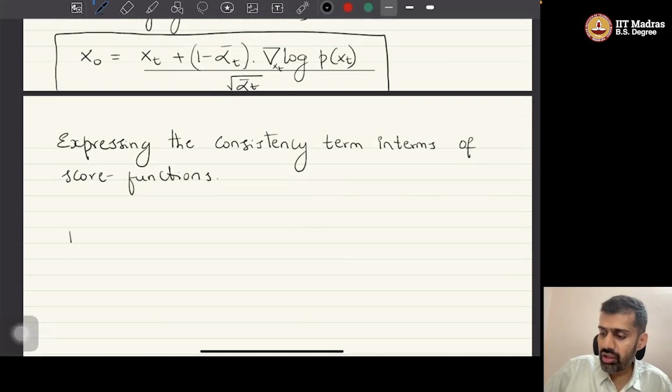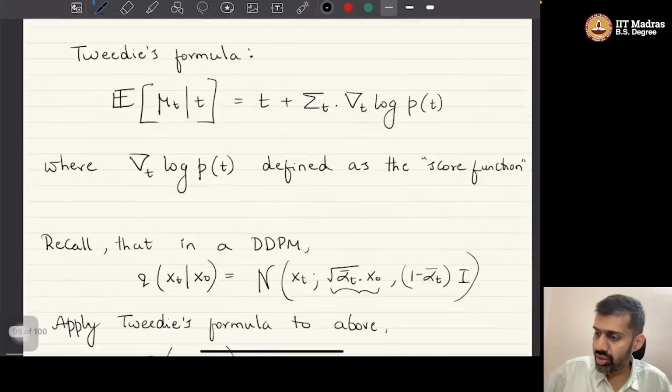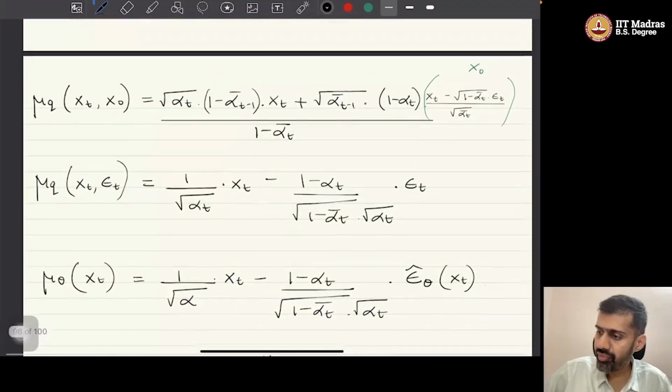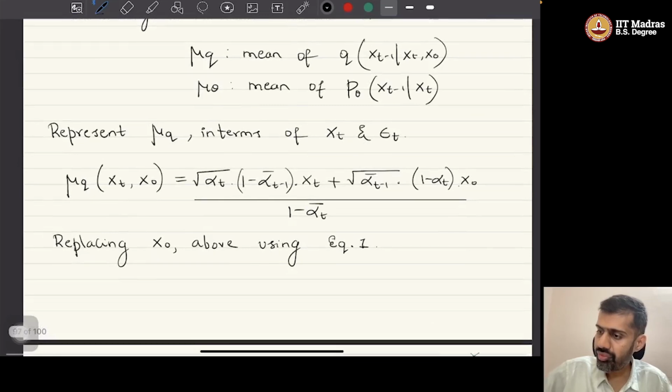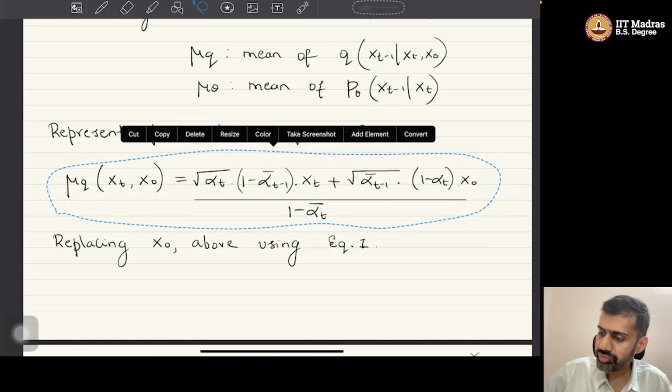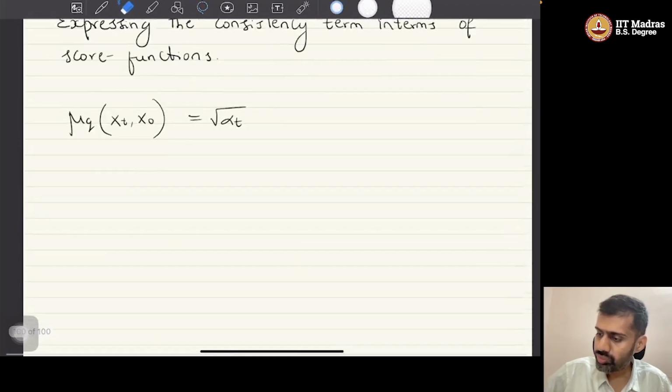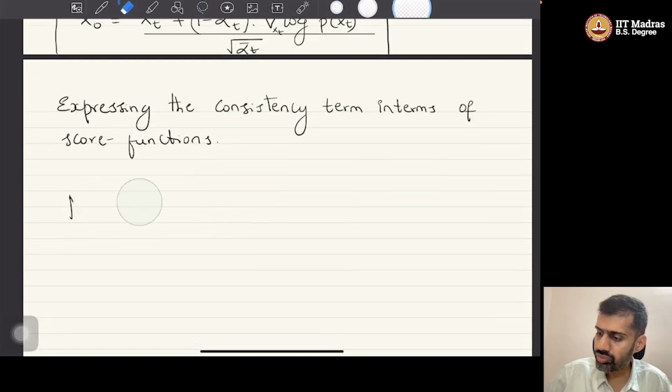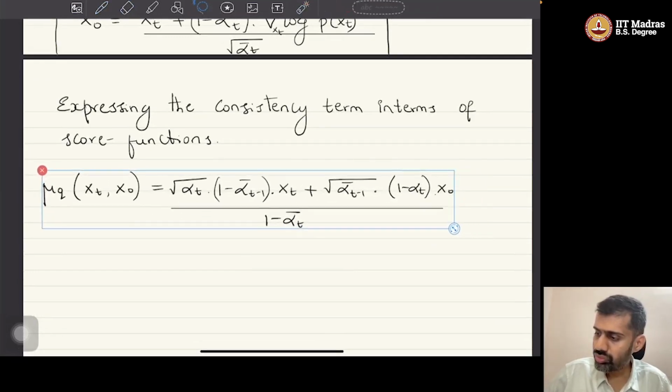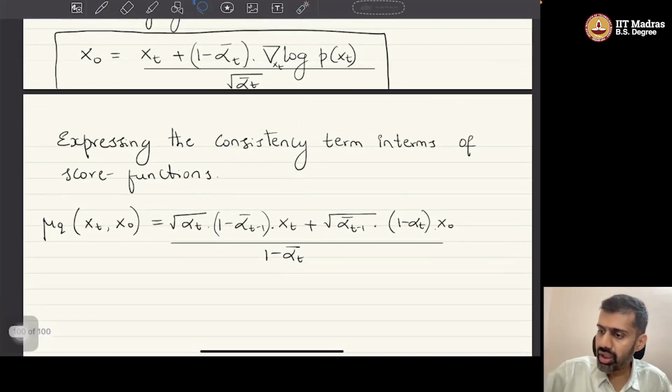Now recall that our mu q, which is a function of xt and x naught, which is what we had in the consistency term, is given by root of alpha t. Maybe I can just copy it to avoid writing it again. This was the definition of mu q that appears in the consistency term. Now here I just replace x naught by this particular expression.